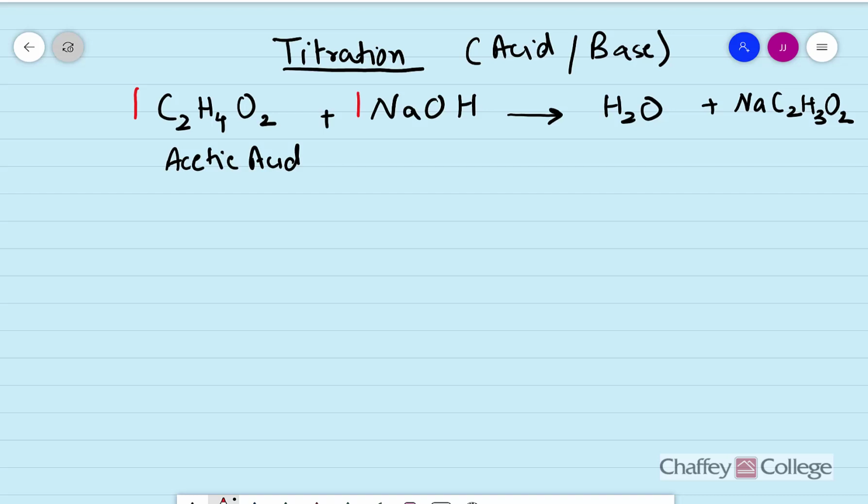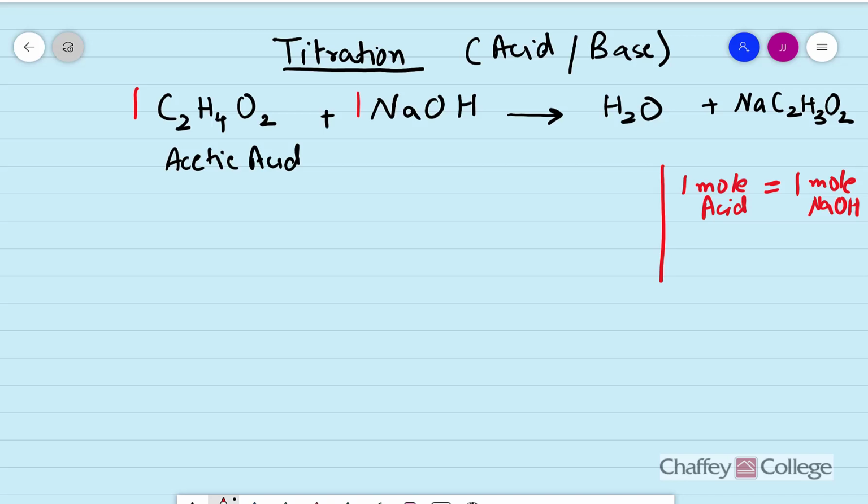So therefore this reaction is what we call a 1:1 reaction. From this balanced equation, we can write a conversion factor. So 1 mole of acetic acid, I'm just going to simply write acid, is equal to 1 mole of base, and the base is NaOH. So this is the equation.